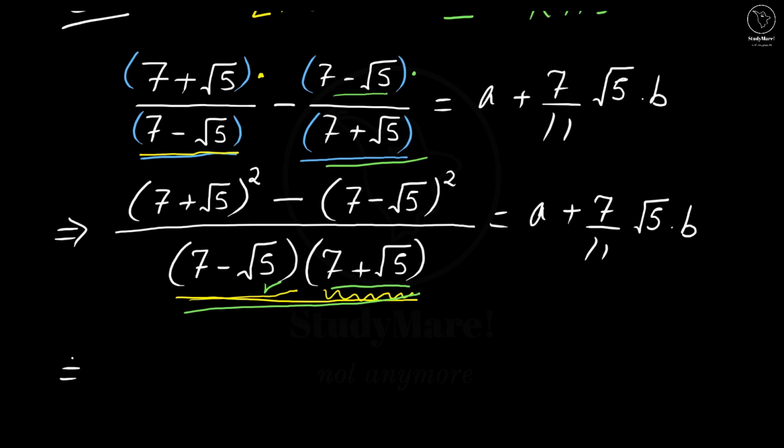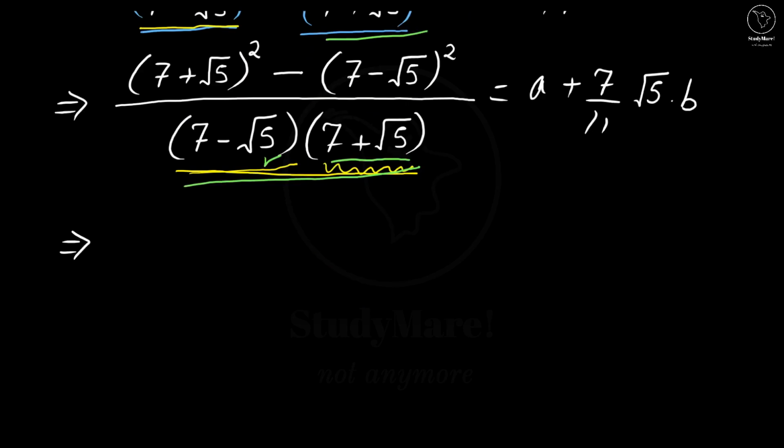In the next step, we simply expand it. This is (a plus b) whole square. This is (a minus b) whole square, because in both the places we have a as 7 and b as root 5.